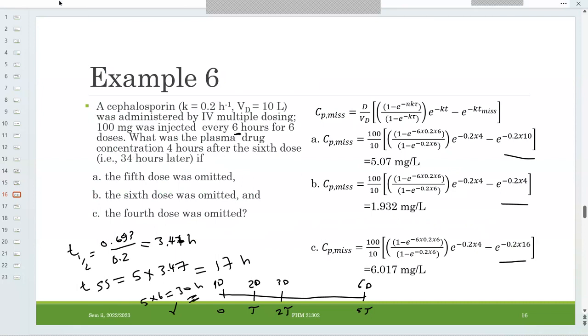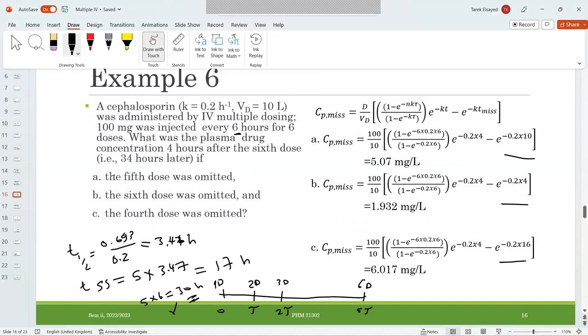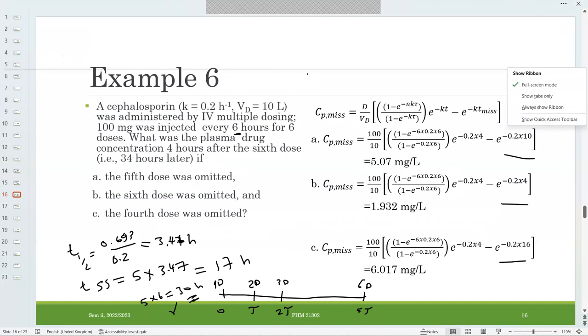So we go back to this line here and see how to calculate this time elapsed since the dose was missed.